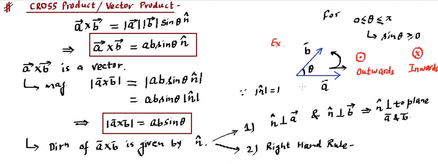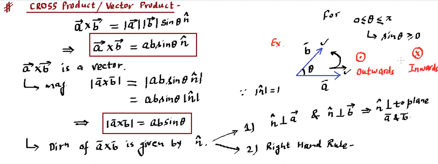So the point is, we will be placing the fingers of our stretched right palm in the direction of the first vector, and we will be curling those fingers naturally in the direction of the other vector. In doing this, wherever the thumb goes, that direction becomes the direction of the cross product.